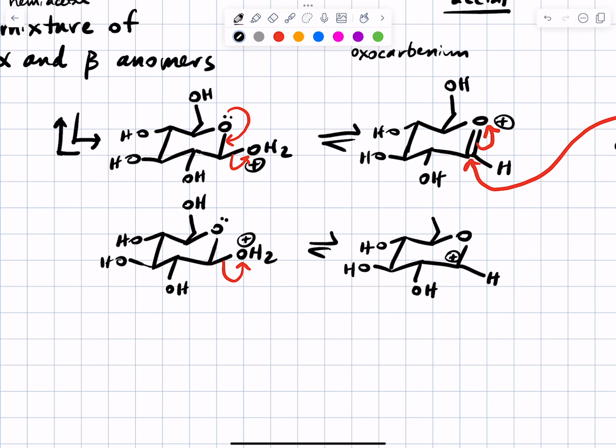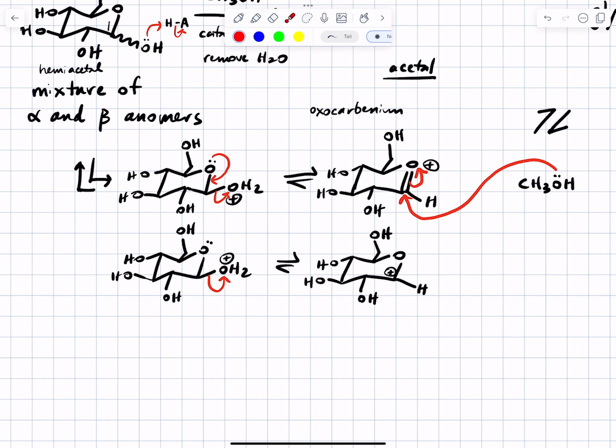So you could potentially be confused thinking these are two different mechanisms. They're actually exactly the same mechanism because they lead to intermediates that are in fact resonance structures of each other. So you should be comfortable with both of those representations.